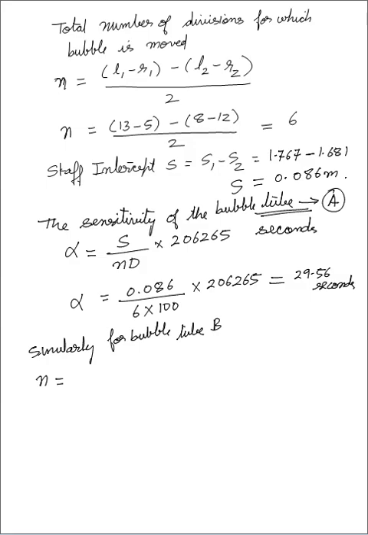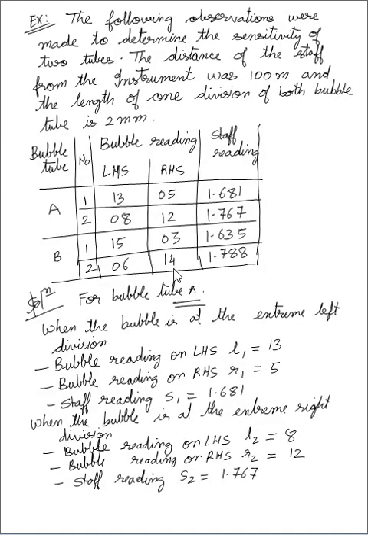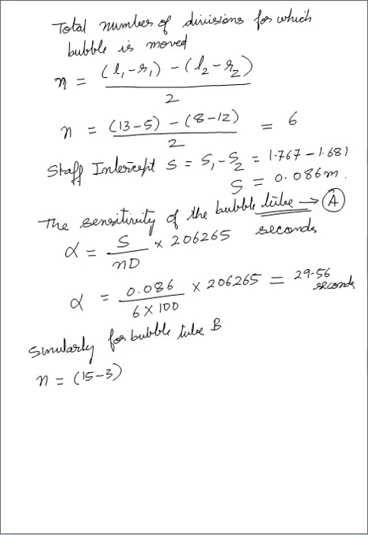Same formula. I am just directly writing the values. You can look at this table: 15 minus 3 minus 6 minus 14, divided by 2. So here you will get the answer equal to 10.